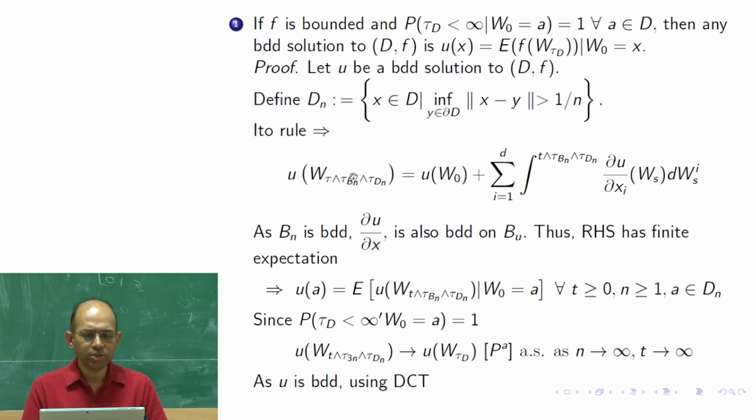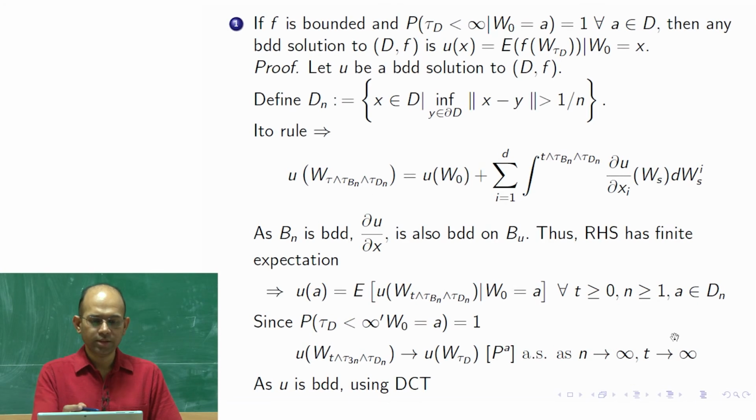Now we use Ito's rule. For that we take time as the minimum of three different stopping times. Here this is t, not tau. t is a time, together with tau B_n and tau D_n. Let us see the proof. For the proof we consider a bounded solution.